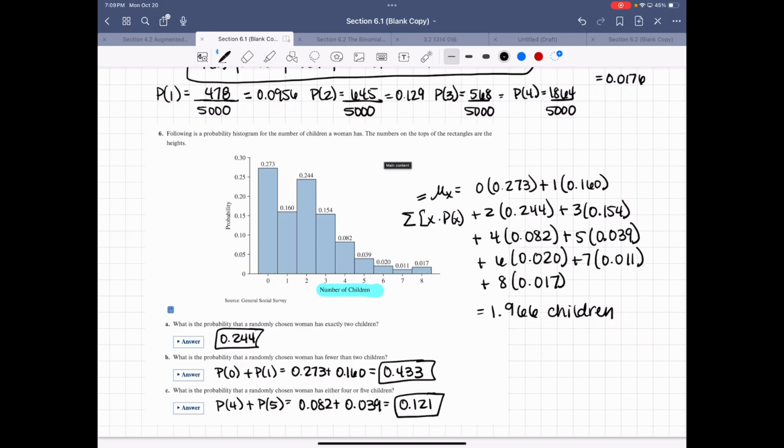Another name for that is called the expected value. And this is where we get into if we're gambling, if we're betting on horses or dogs or something of that nature, and you're looking at the expected value that your payout's going to be. Okay?